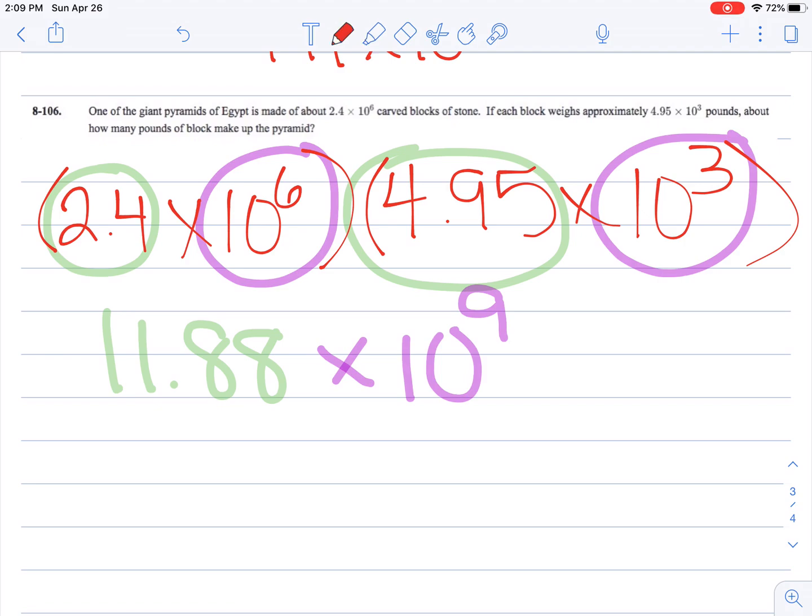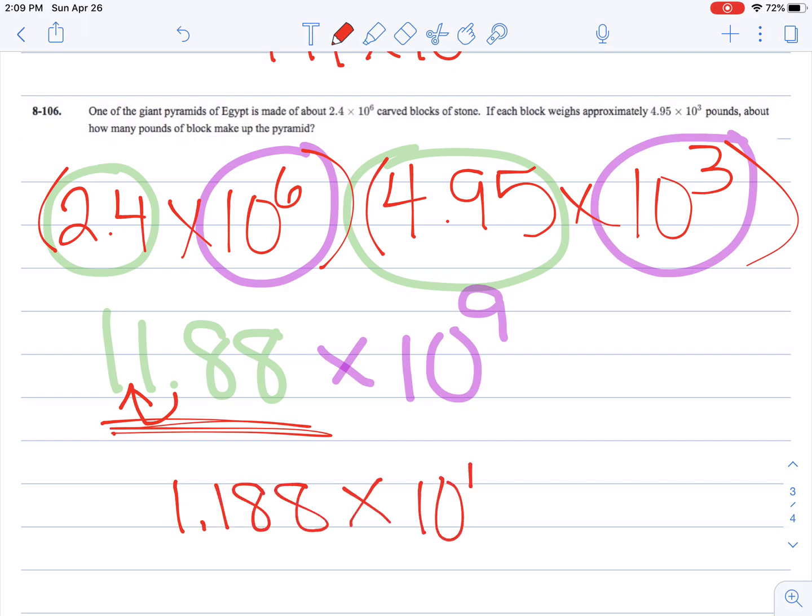And just like the other ones, the first number is 11, which is higher than 10, not in the correct formation for scientific notation, so I need to move the decimal over 1. So I have 1.188 times 10 to the 10th. Because I moved to the left, I add it to the 9.